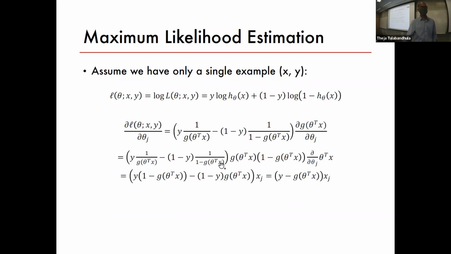So the derivative of the log likelihood in a given coordinate theta j is just the difference between the truth and your prediction, times xj. And remember, although we are using y notation, this truth is either 0 or 1, so we are in a binary classification setting.